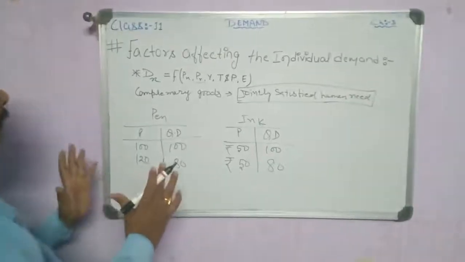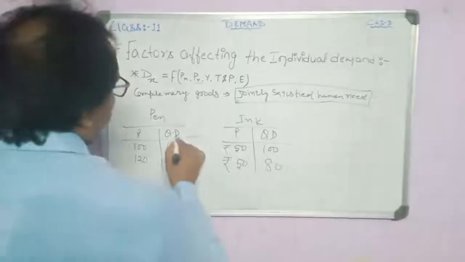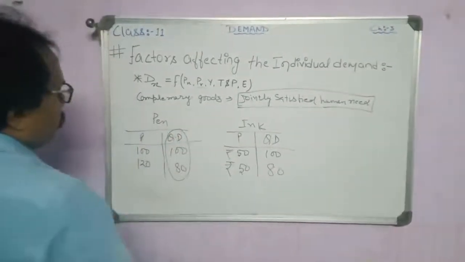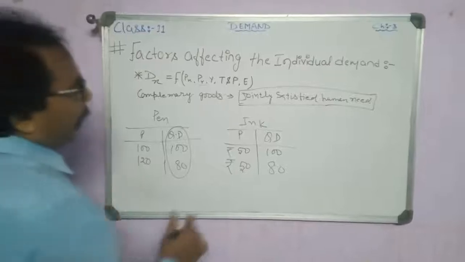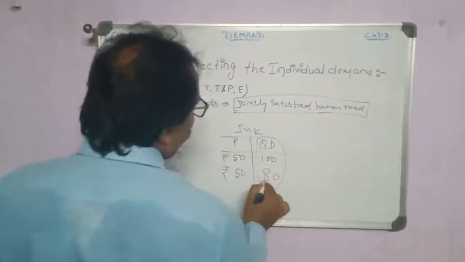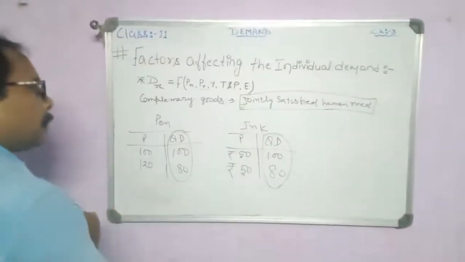So what is the common difference between both of them? Here you find that the quantity demanded falls due to a rise in the price, and here you will find that quantity demanded falls even though the price is constant. Is it clear?